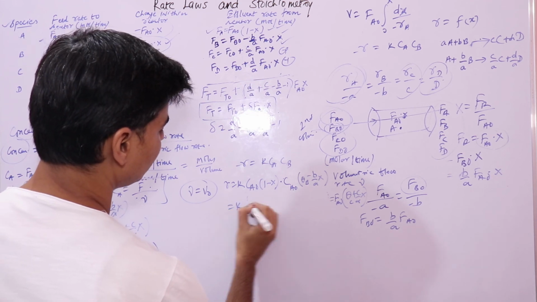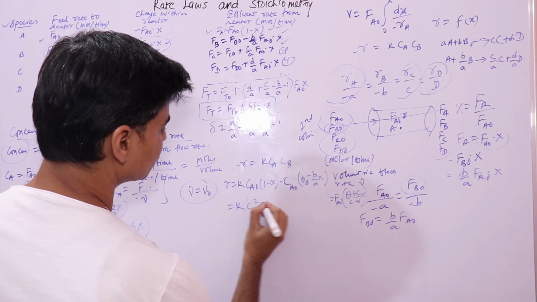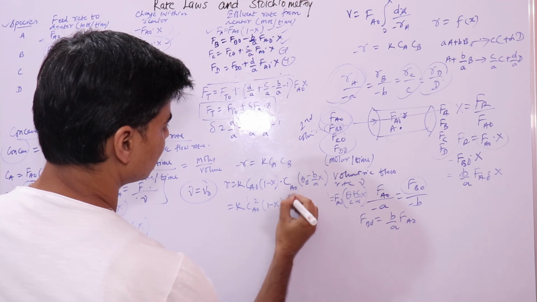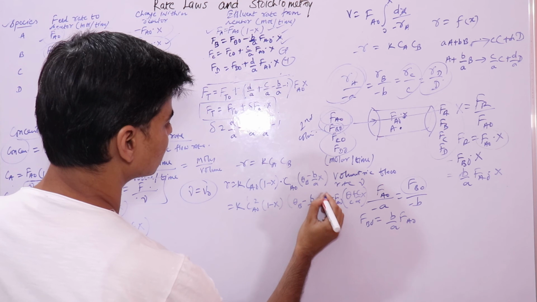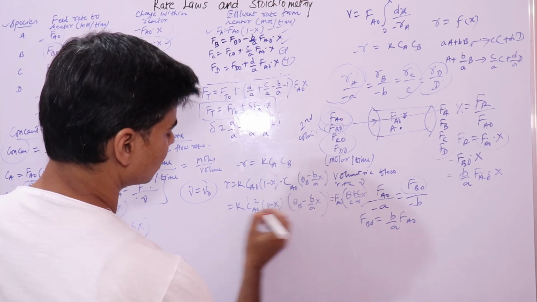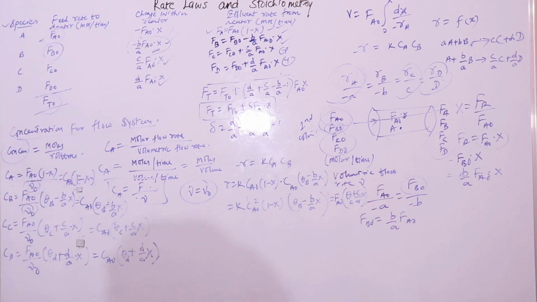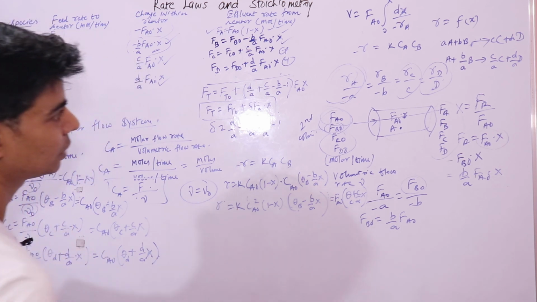This is K Ca0 square (1 minus x)(theta b minus b upon ax). So you have got this expression for rate.